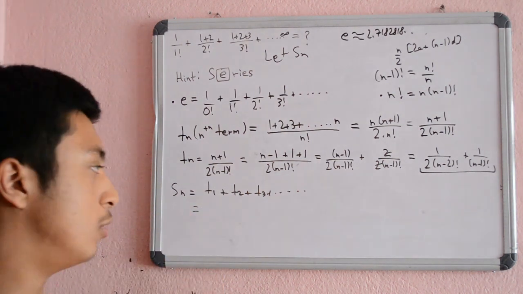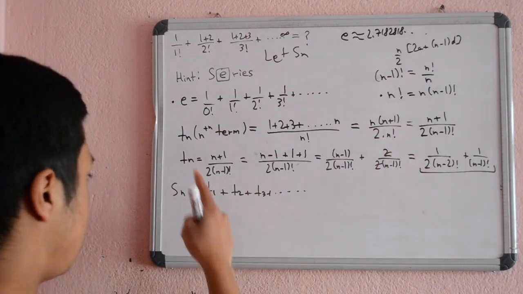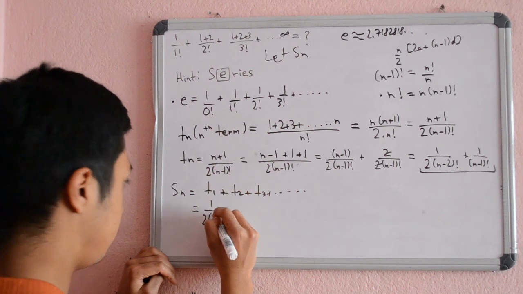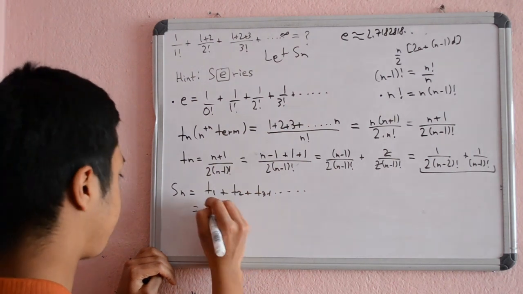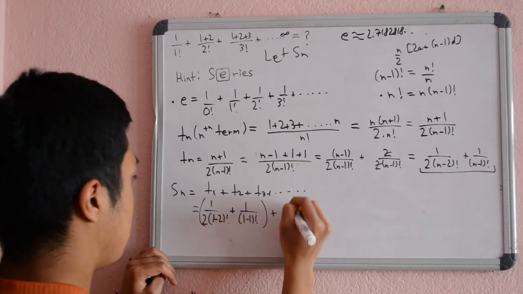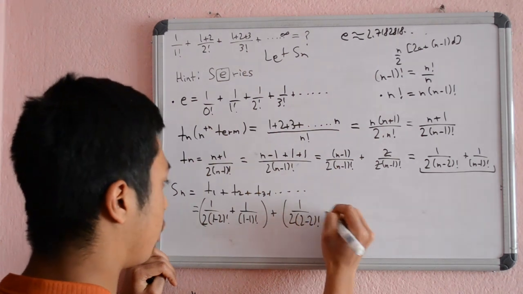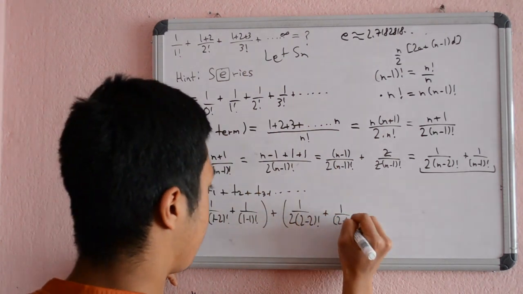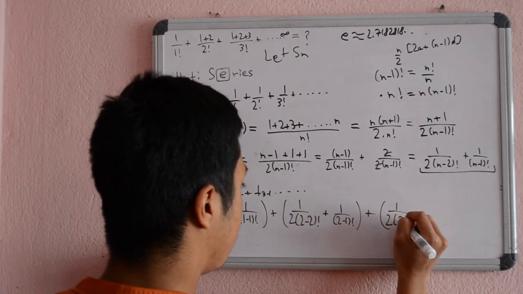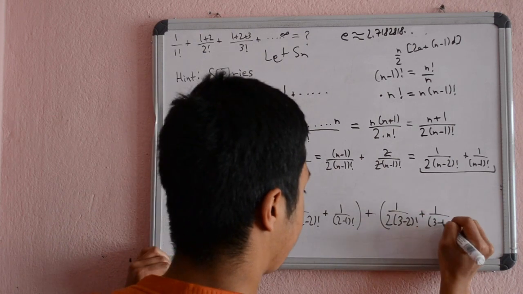So what you're going to do is just find t1, t2, t3. t1 is just 1 by 2 (1 minus 2) factorial plus 1 by (1 minus 1) factorial, plus t2 is 1 by 2 (2 minus 2) factorial plus 1 by (2 minus 1) factorial, plus 1 by 2 (3 minus 2) factorial plus 1 by (3 minus 1) factorial, and so on.